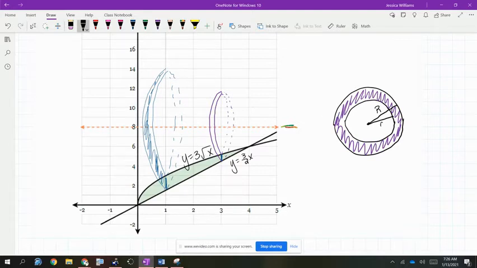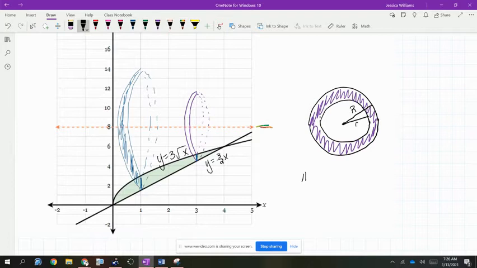So big R is your outside radius, the big radius, and little r is your inside radius. So we're going to do pi big R squared minus pi little r squared. That's going to find the area of one washer, and then we'll throw an integral on it with bounds to find the volume of the whole solid.